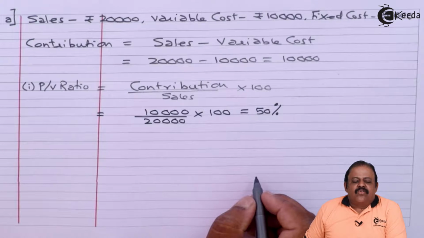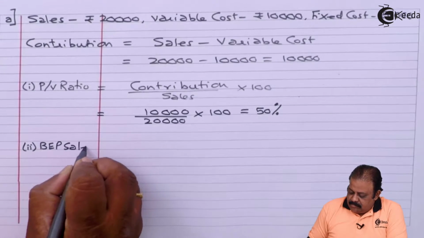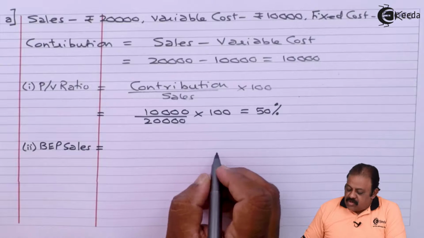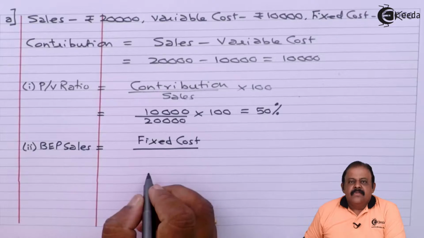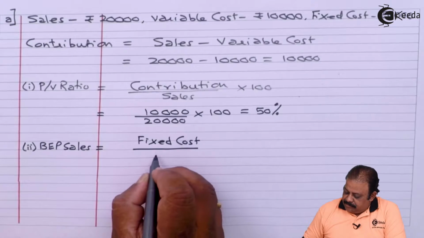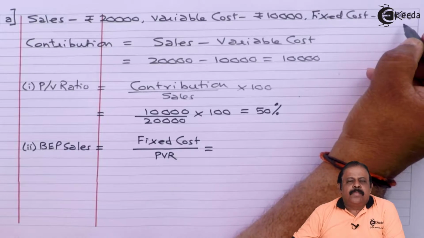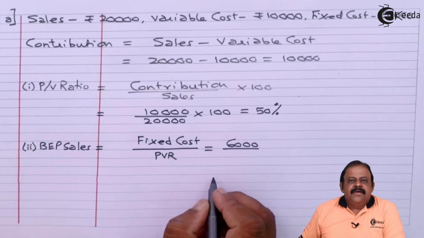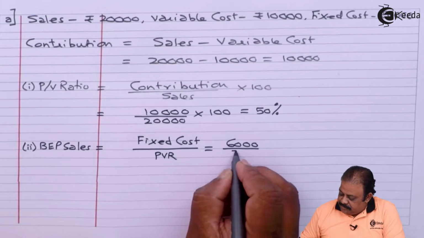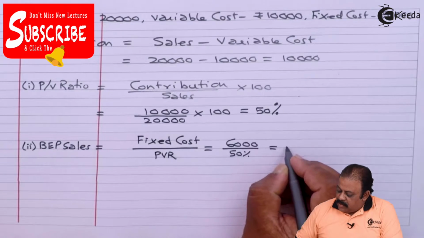Further, they have asked us to calculate the amount of break-even point sales. Formula is fixed cost divided by PVR. Fixed cost is given here, rupees 6,000, divided by 50%. So here we got break-even point sales rupees 12,000.